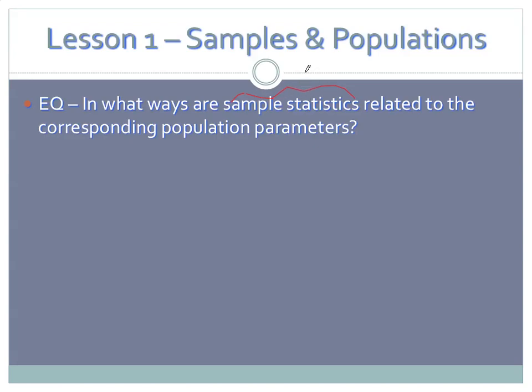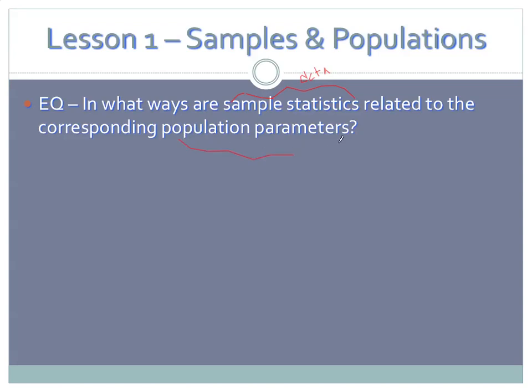A statistic is data, a measured characteristic, and a sample is data that we get from a small sample size or a sample group. So in what ways can data from a small group be related or correspond to a population parameter?